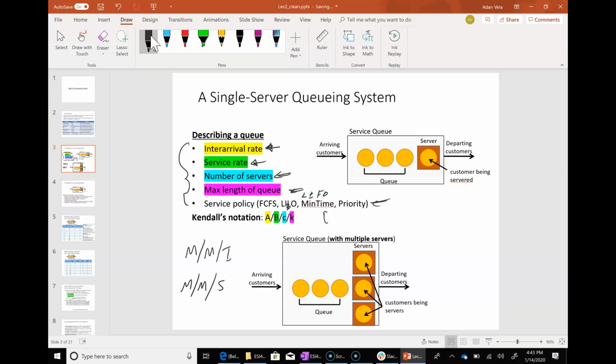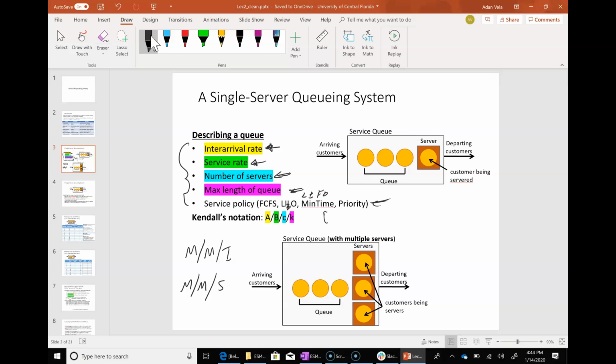This is Kendall's notation, and what it's saying is that your arrivals follow something called a Markov process, the rate at which they're processed is Markov, and the number of servers you have is 1. In the bottom case, we have Markov, but we have 5 servers.